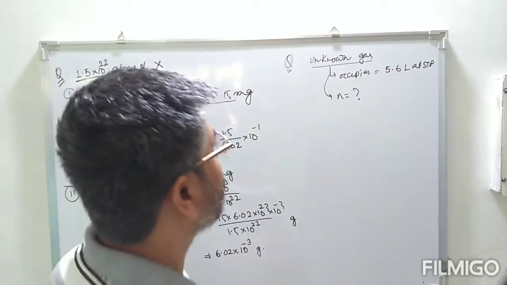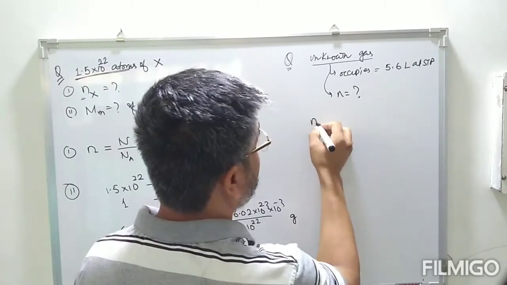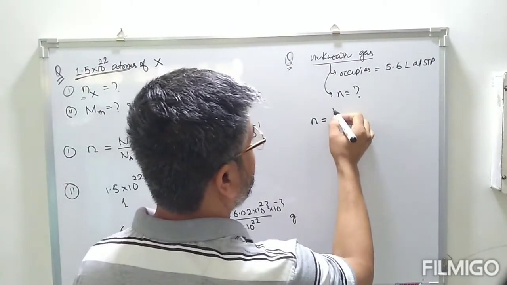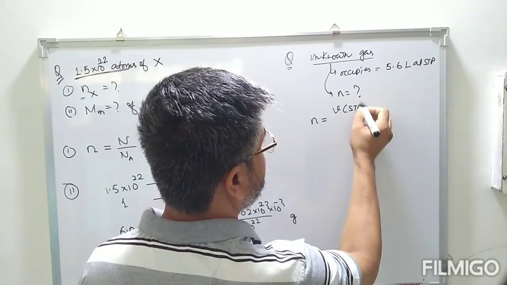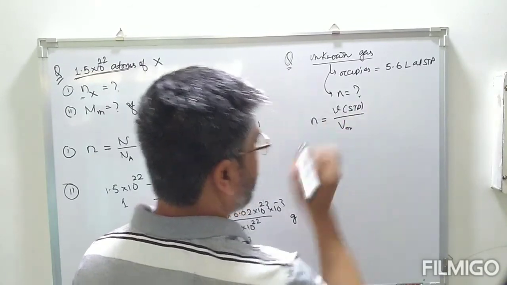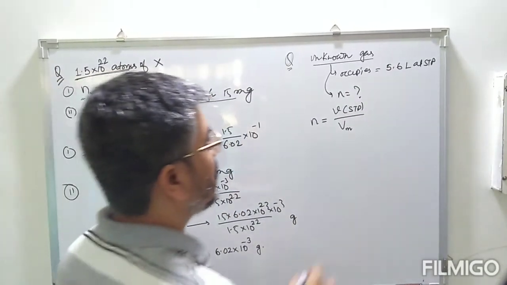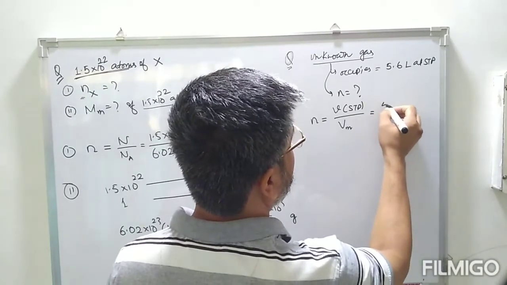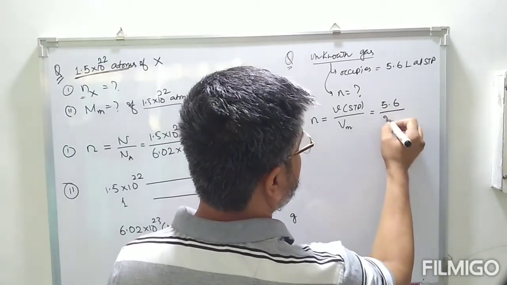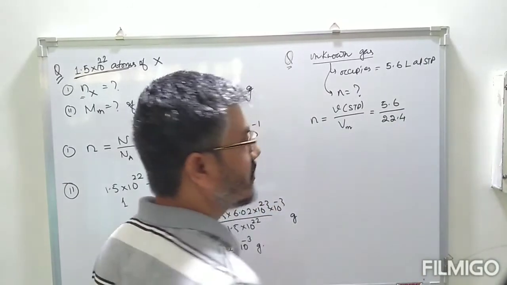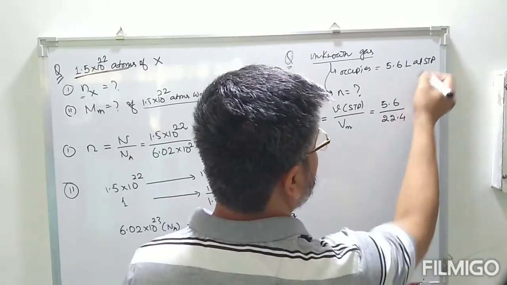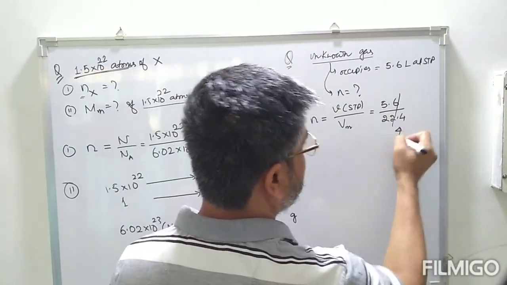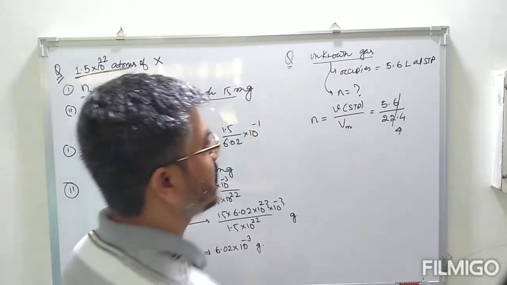So the number of moles is defined as the volume occupied by the gas at STP divided by molar volume. The volume occupied by the gas is 5.6, molar volume is 22.4. So liter cancels out.